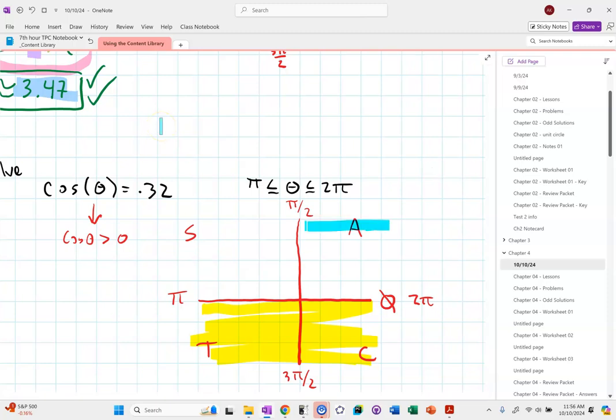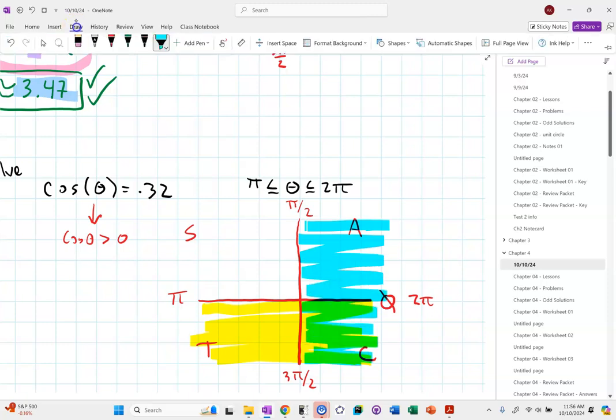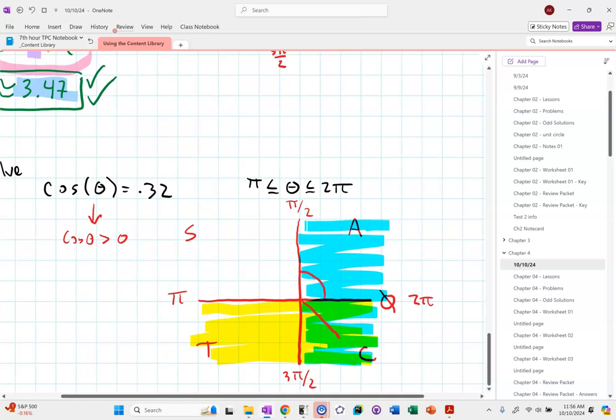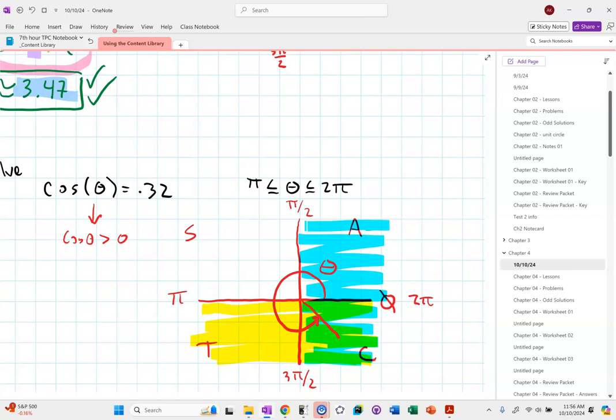Good, 1 and 4. Everybody's okay there? The letters tell me where the things are positive, right? A for all, and then C for cosine. So my answer is in quadrant 4. So there's my theta. Everybody happy with what I've done there?